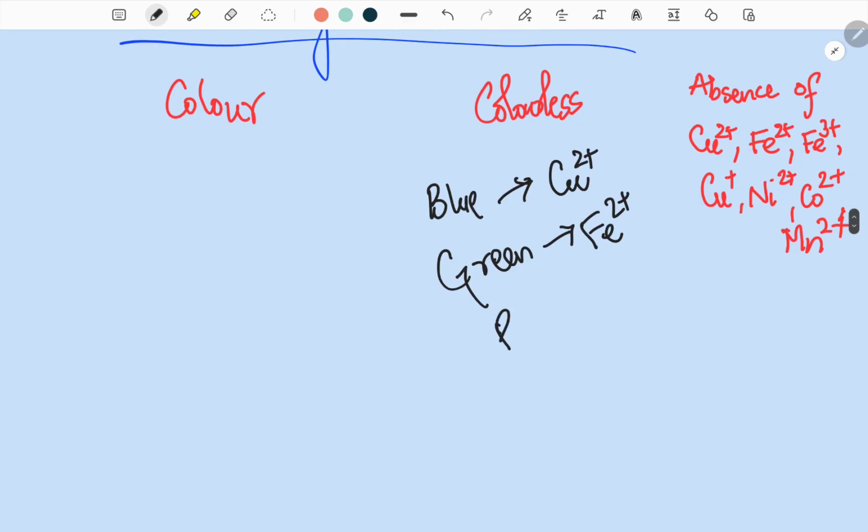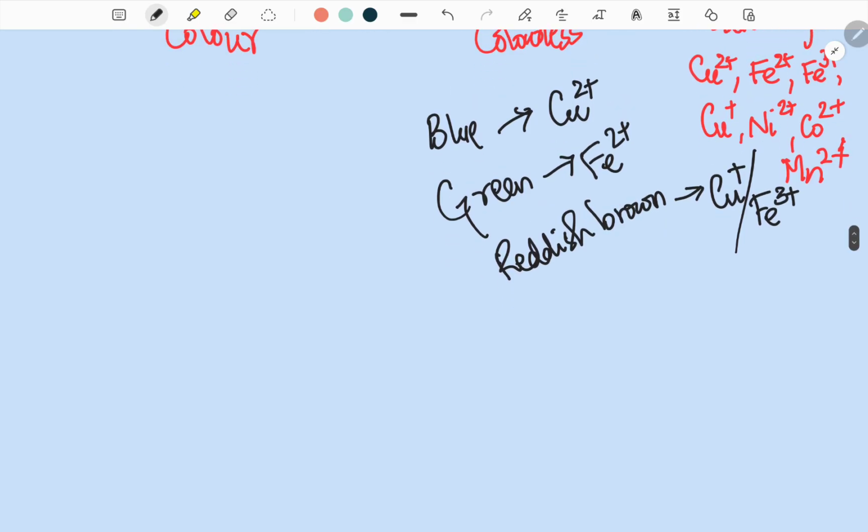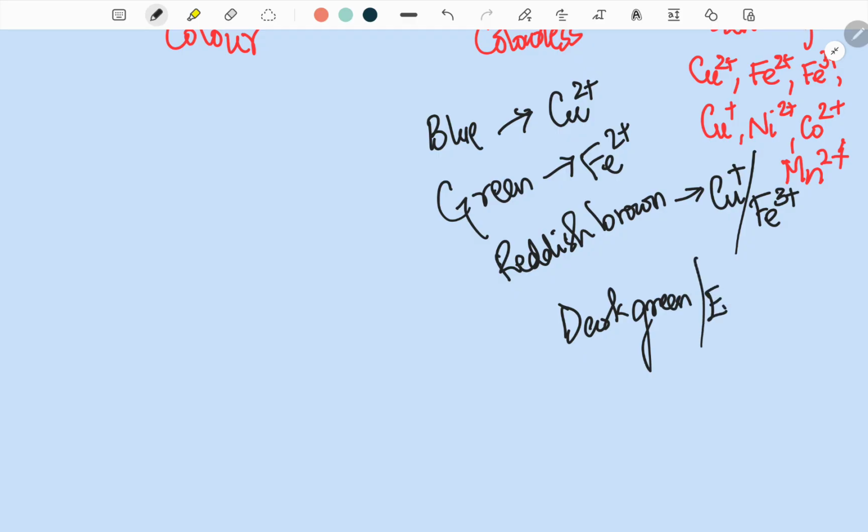If your salt is reddish brown, then you can say the salt is cuprous or ferric. Either cuprous or ferric. If your salt is dark green, or to be specific, you can say emerald color, then you can say that the cation might be nickel.